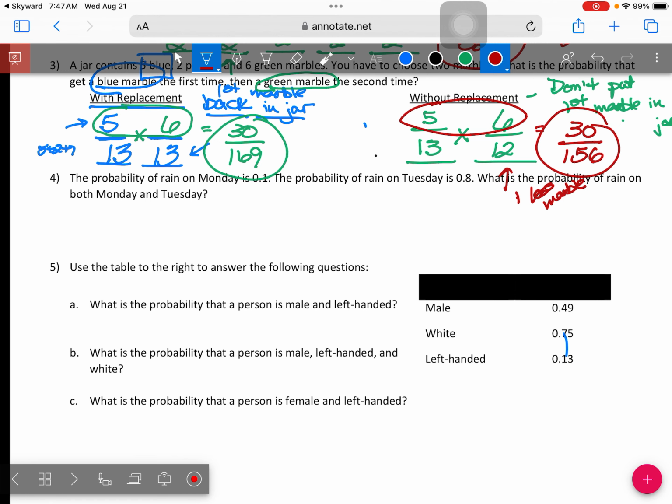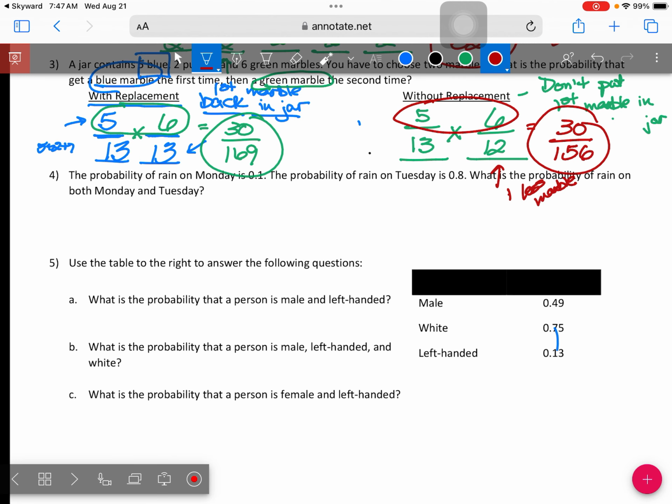All right, number 4, the probability of rain on Monday is 0.1. That's 1/10. The probability of rain on Tuesday is 0.8.